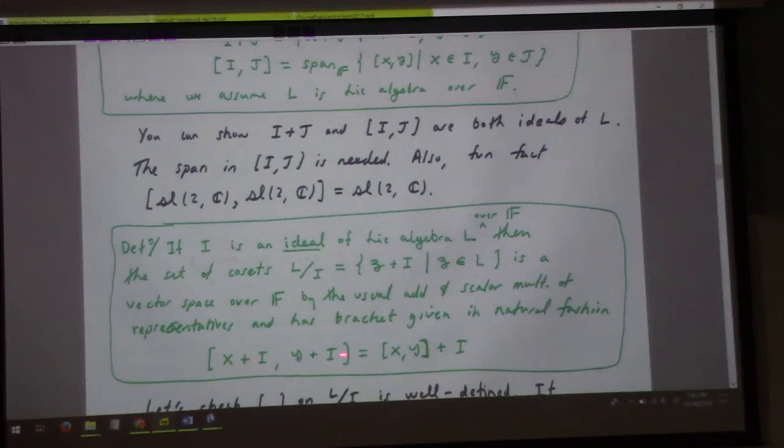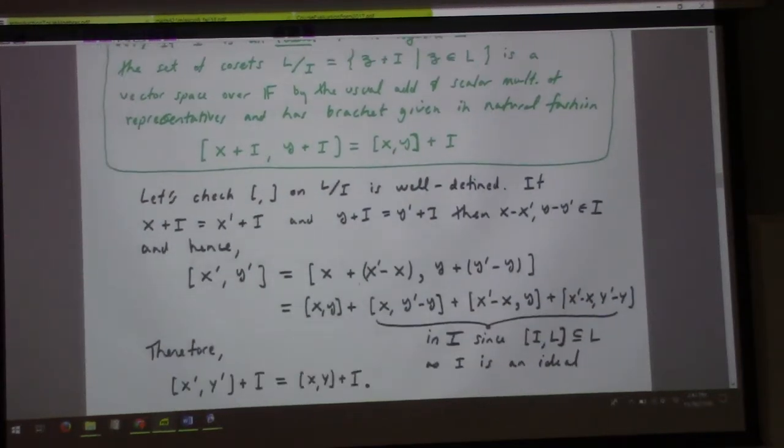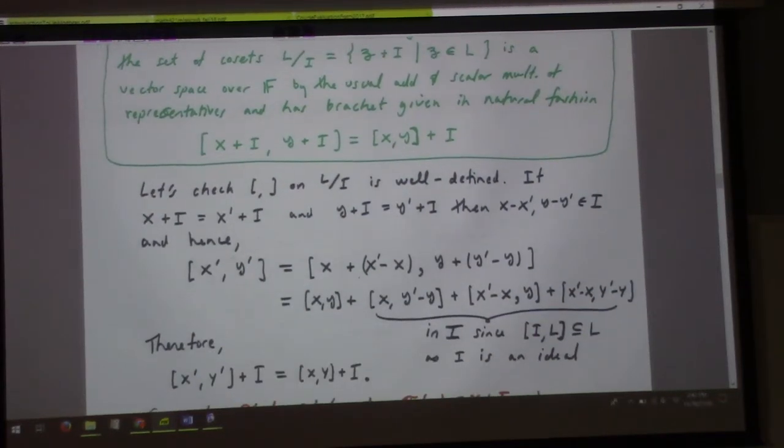And the way we bracket is to bracket the representatives of the cosets, just like you'd expect. And the ideal condition is exactly what you need to make this bracket well defined, and also to satisfy the Jacobi identity, as you would hope.